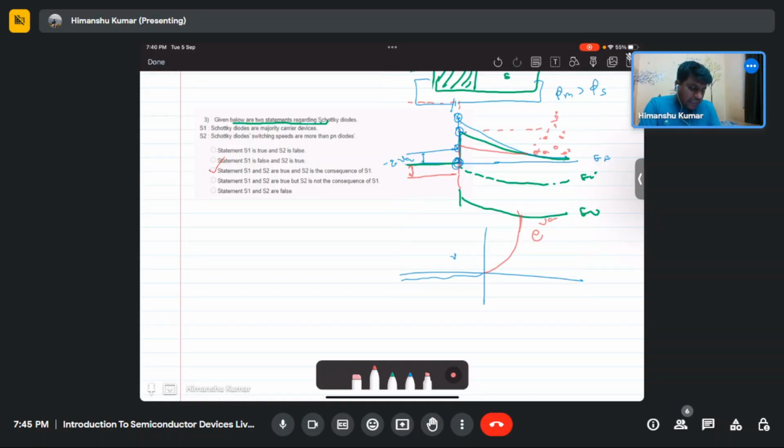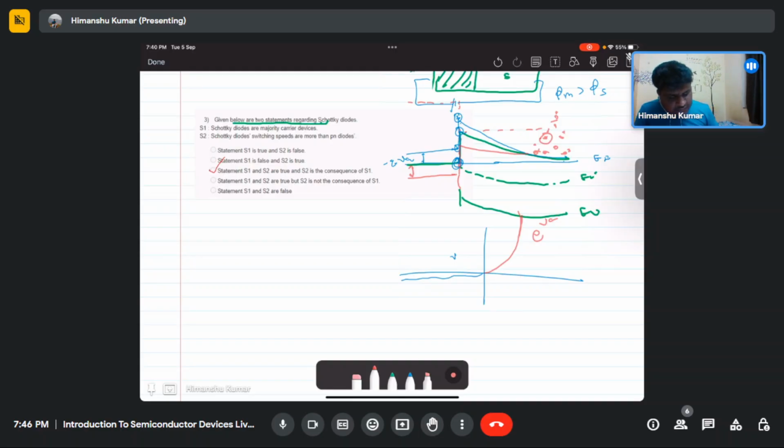So here the thing is, in this Schottky diode, the carriers are only electrons, the majority carriers. If you have made a Schottky junction with p-type material, that is difficult indeed. Then you can have holes as the majority carrier, but in most cases we use n-type material to make the Schottky contact.